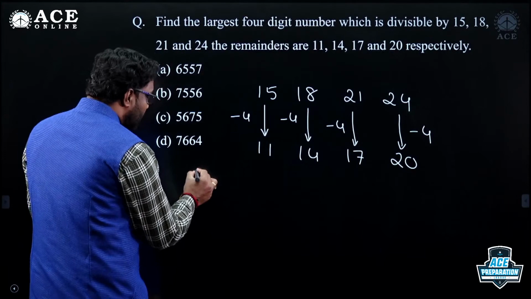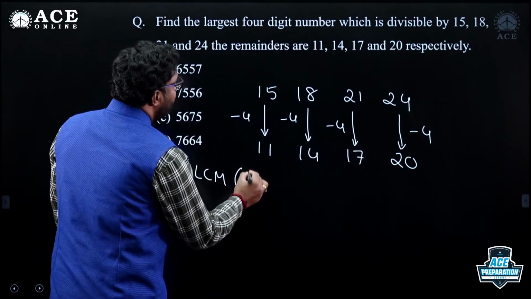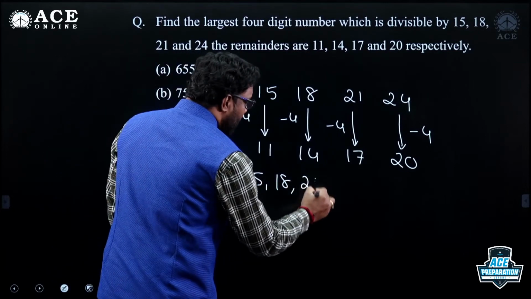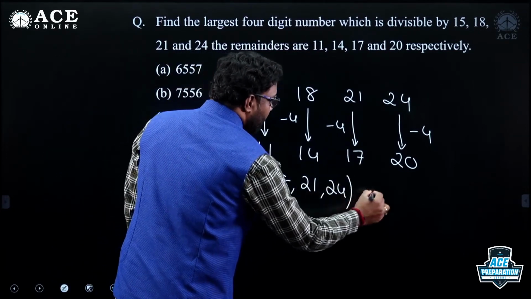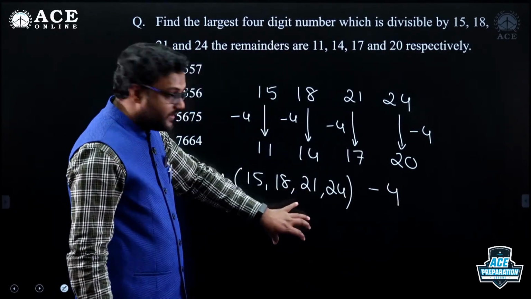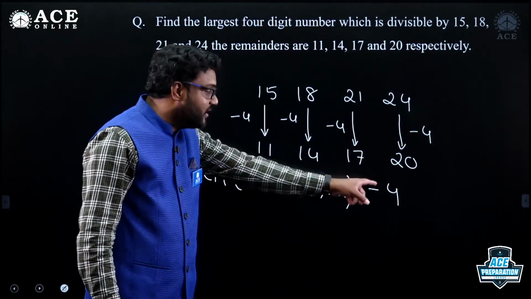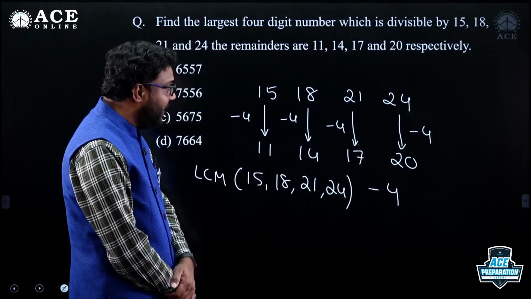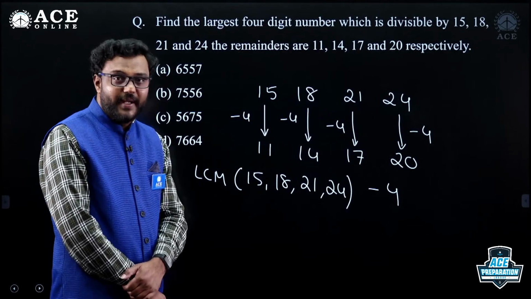Now what should you do? LCM for 15, 18, 21 and 24, and we have to consider some variable here, then apply minus 4. First find the LCM for 15, 18, 21 and 24.